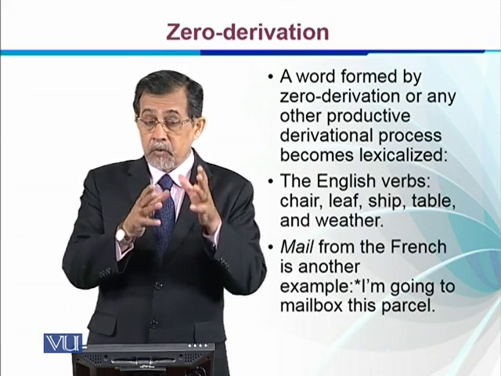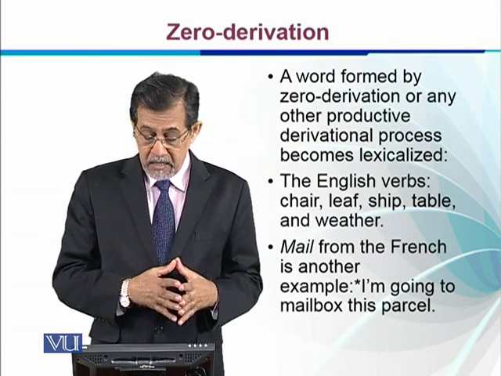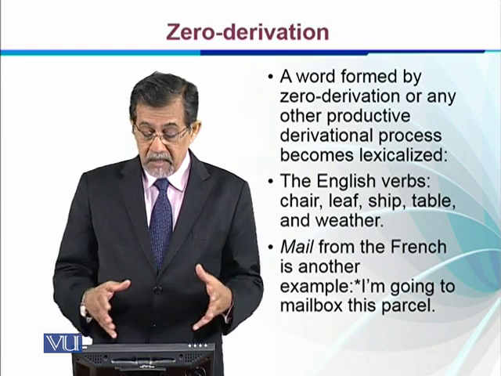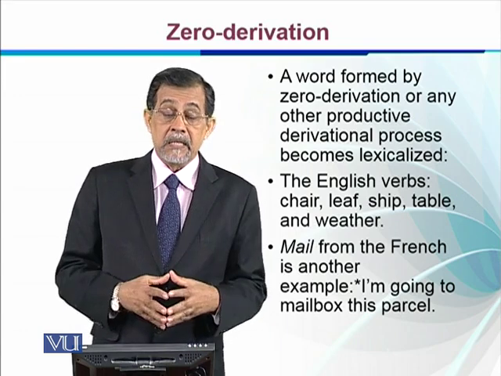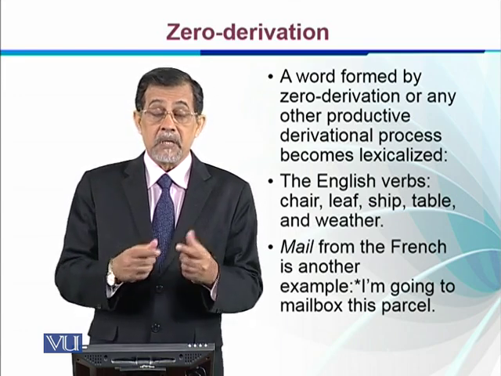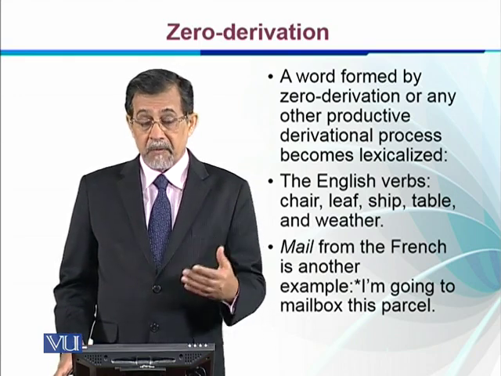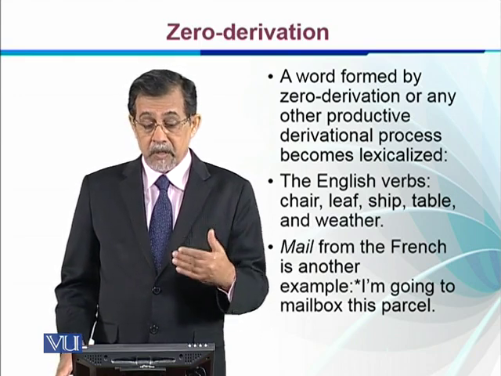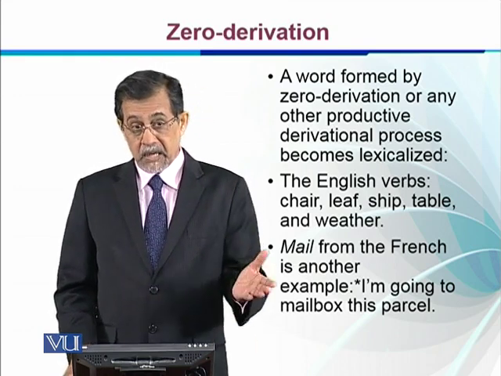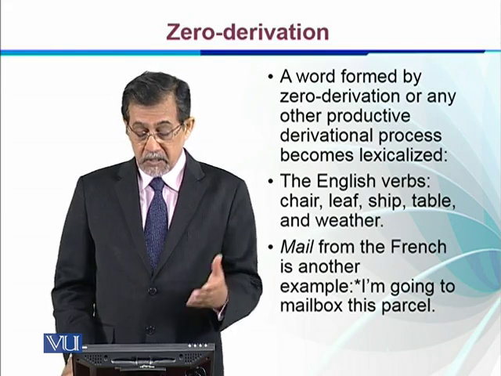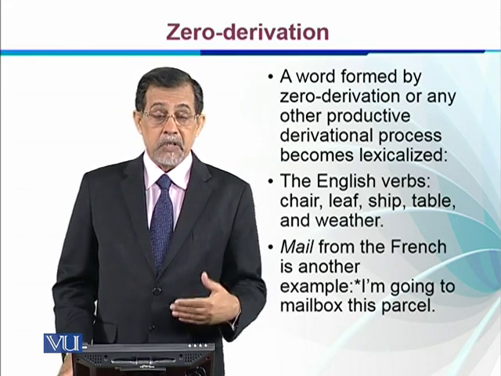Now it refers to the contents of the bag instead of the bag. And "I'm going to mailbox this parcel" is actually incorrect because mail and box have similar meanings. So with the passage of time, new words adopt new meanings in a language. They come from one language, and this word mail is from the French language, but in English it has changed its meaning.